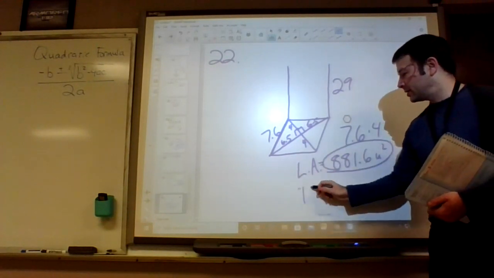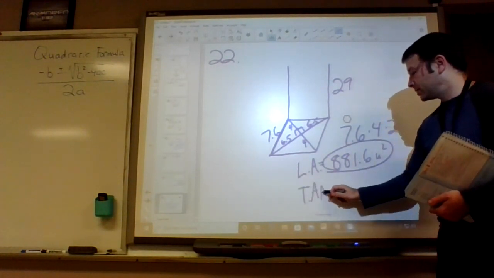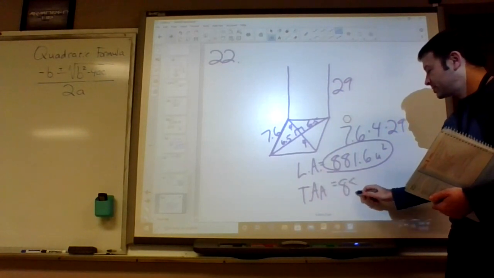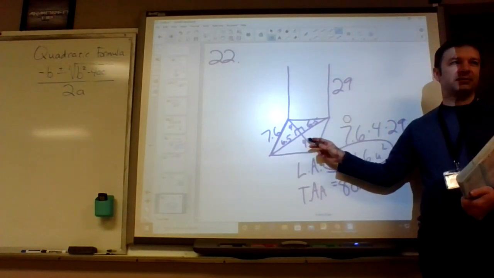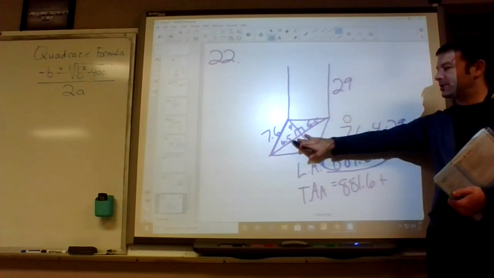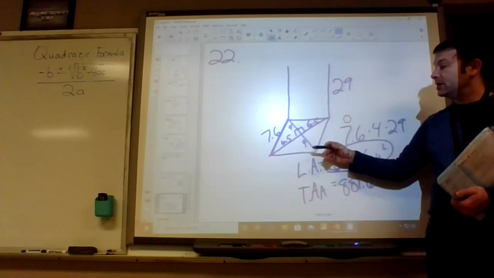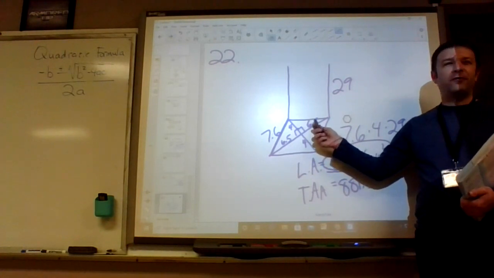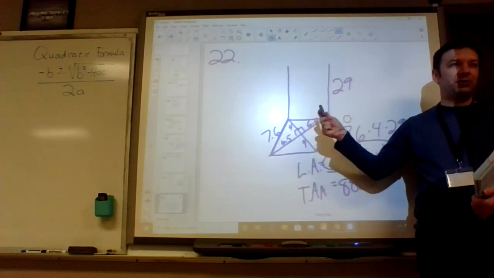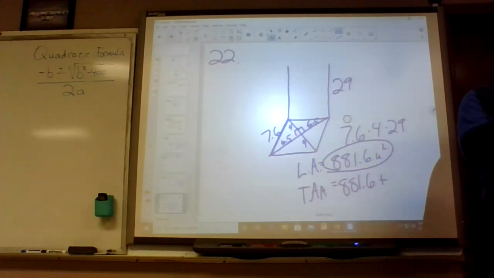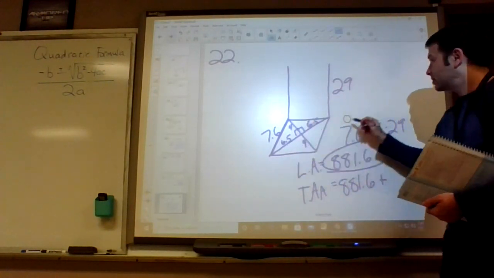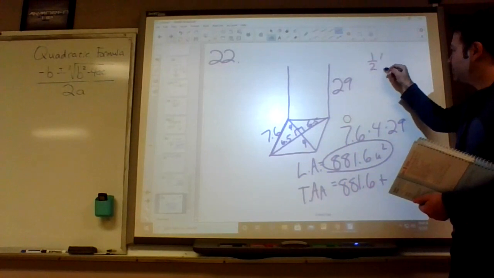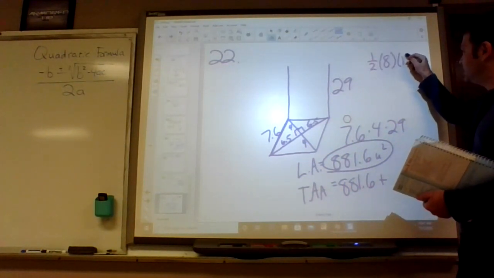Our total area is going to be that plus the area of the 2 bases. Now I didn't draw a whole picture, but just imagine there's one on the bottom, one on top. So for a rhombus, you can use for the area 1/2 diagonal times diagonal. The diagonals were 8 and 13. So 1/2 times 8 times 13.